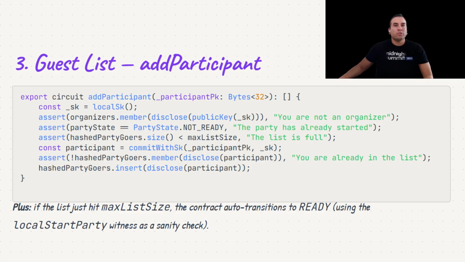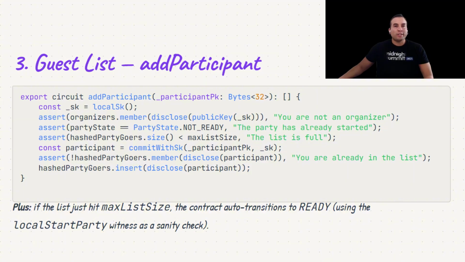There's also a little bit at the bottom I'm skipping on the slide for space. It says, if we just added the 99th guest, the list is now full. So let's automatically flip the state to ready.